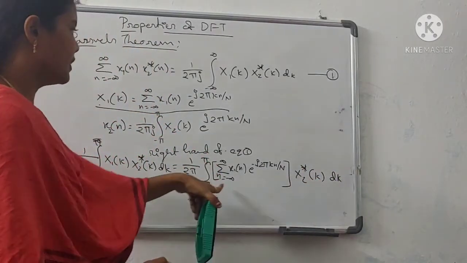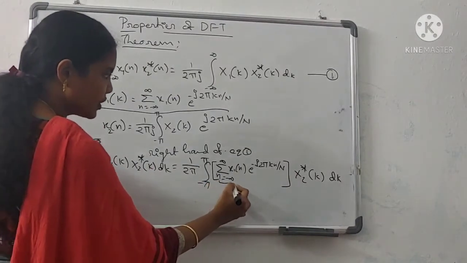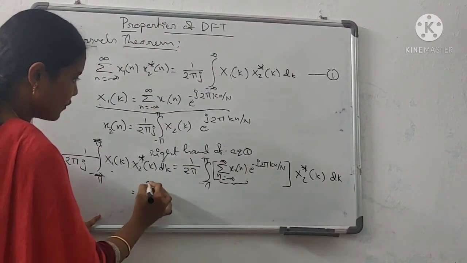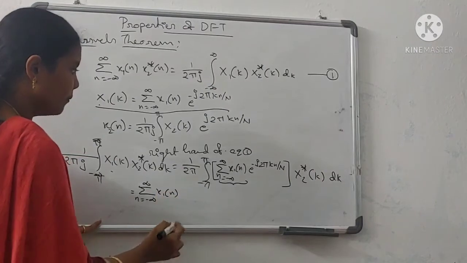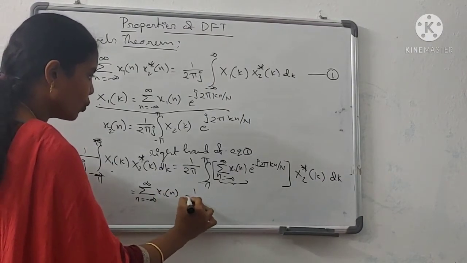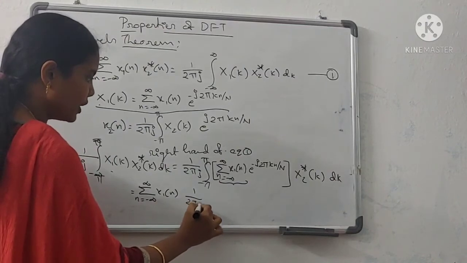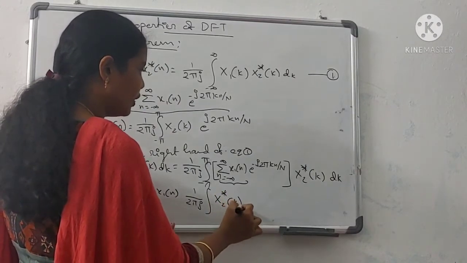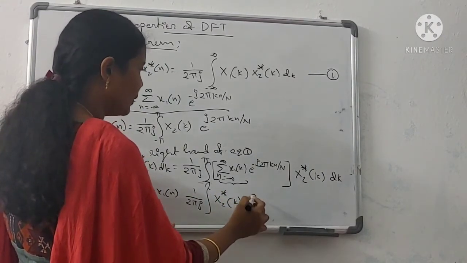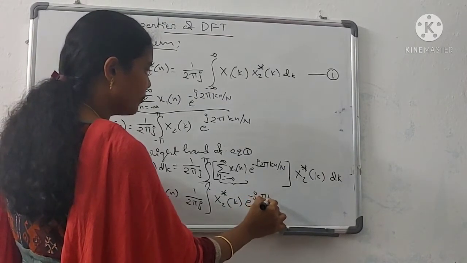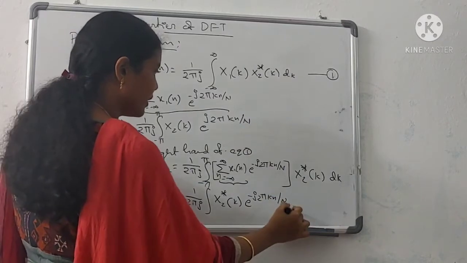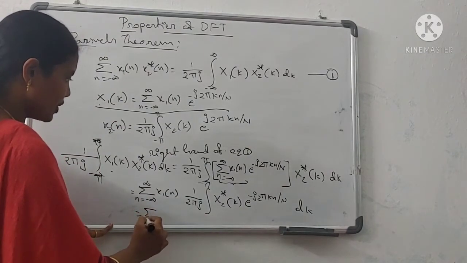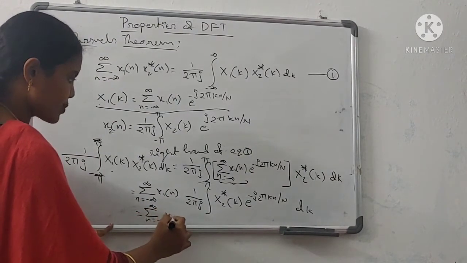Okay, now in this, rearrange the terms. So this summation over n, you keep it out, then it becomes summation n equals minus infinity to infinity of x1 of n, okay, then 1 by 2 pi j integral of x2 conjugate of k into e power minus j 2 pi kn by n into dk. Okay, so this is summation n equals minus infinity to infinity of x1 of n.